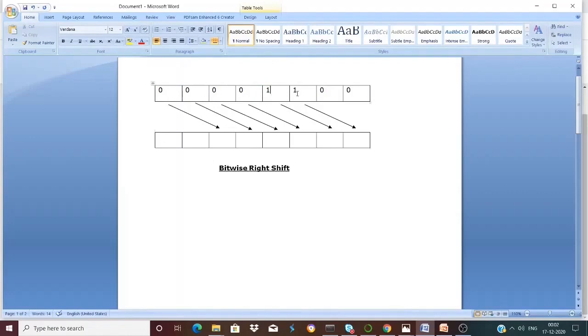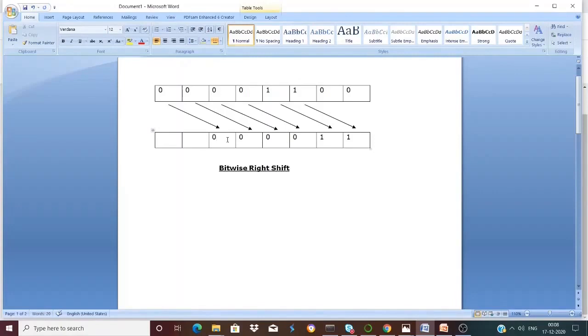So this bit will shift here, this bit will shift here. So let's write them down. This bit is gonna shift here, this bit is gonna shift here, this bit is gonna shift here, then this is gonna shift here, and so on.